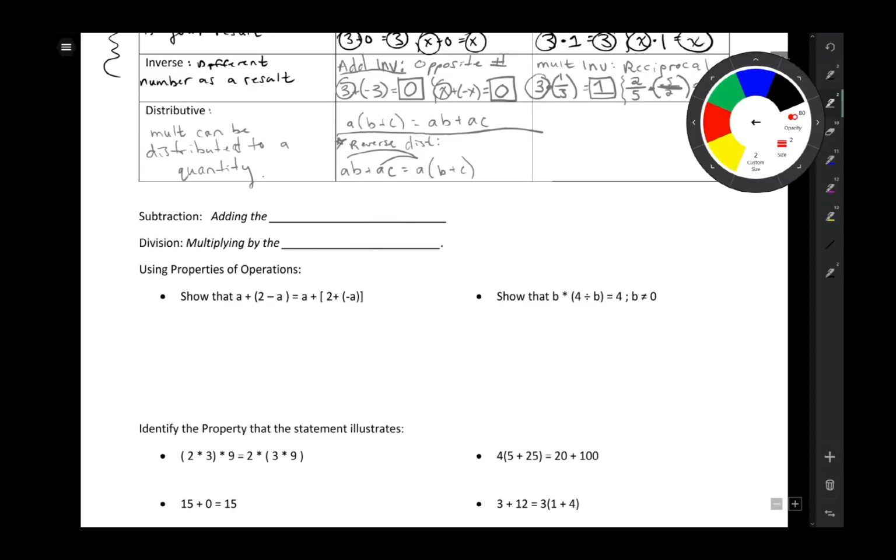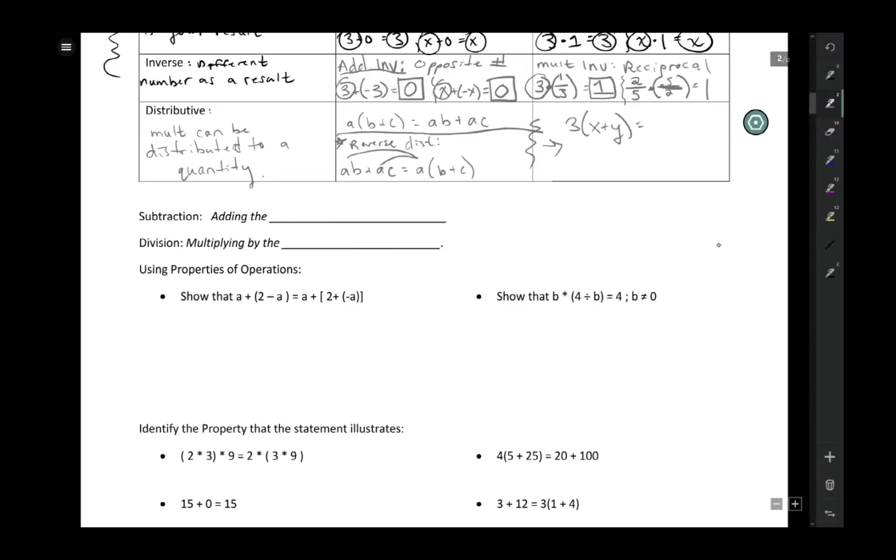We're going to be practicing with that specifically in class. Distributive for multiplications, it's really the same idea. Let's just put some examples up here. So 3 times the quantity x plus y equals 3x plus 3y. Now, this other version means if we have 4a plus 4b, really, we can take that 4, they each share it, and have 4 times the quantity a plus b.